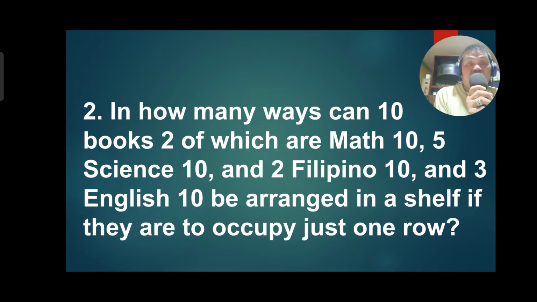Again, in how many ways can 10 books, 2 of which are Mathematics 10, 5 Science 10, 2 Filipino 10, and 3 English 10 be arranged in a shelf if they are to occupy just one row?